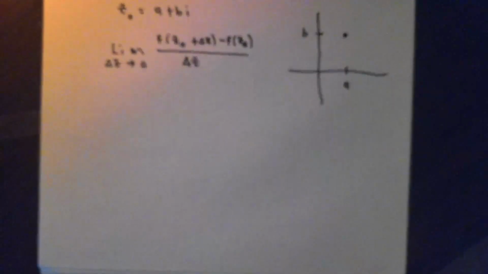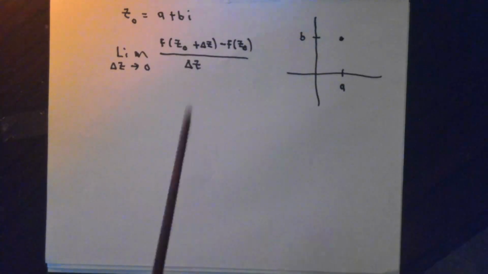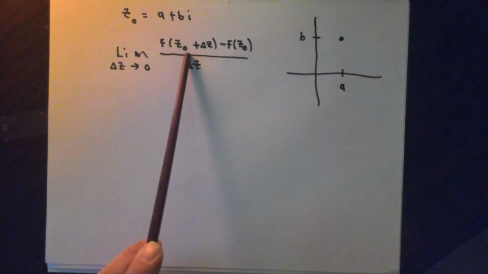Even though I can't draw graphs of functions of a complex variable, because I would need 4 dimensions, what I can do is I can argue by analogy. If you give me a complex number, z0, which I'll call a plus bi for its real and imaginary parts, if I have a function of such a complex variable, I can look at the function at z0 plus delta z.